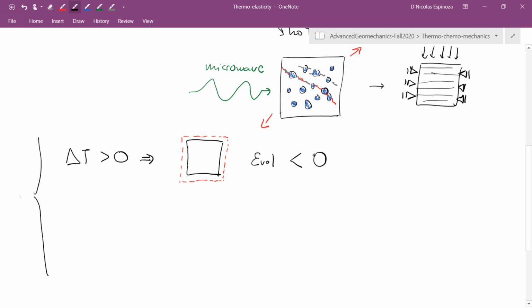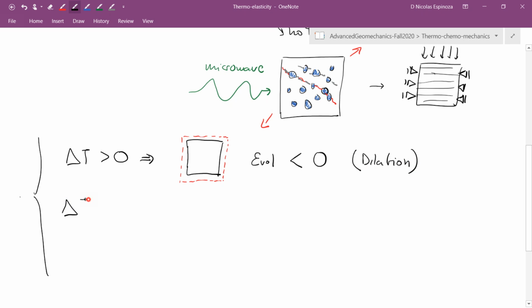So this is the convention that we're going to use. It's going to be also the general geomechanics convention. A dilation is going to be negative, right? So this is going to be a process of dilation.